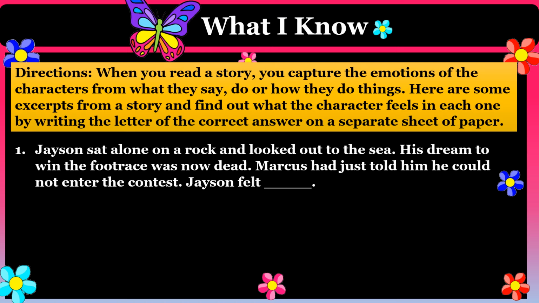Let's have question number 1. Jason sat alone on a rock and looked out to the sea. His dream to win the foot race was now dead. Marcus had just told him he could not enter the contest. Jason felt blank.